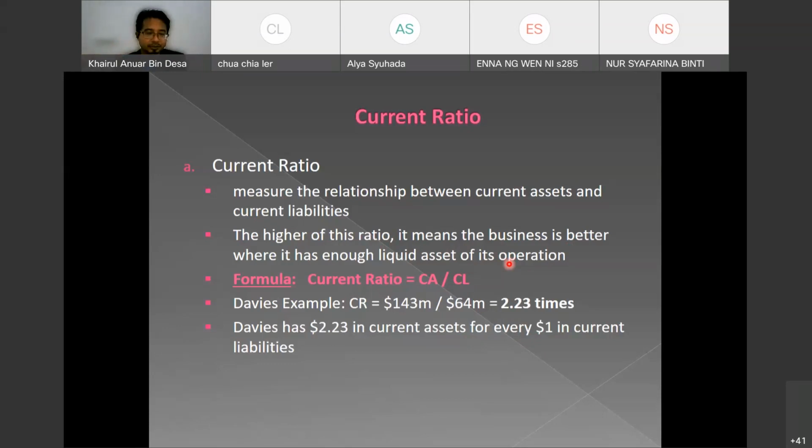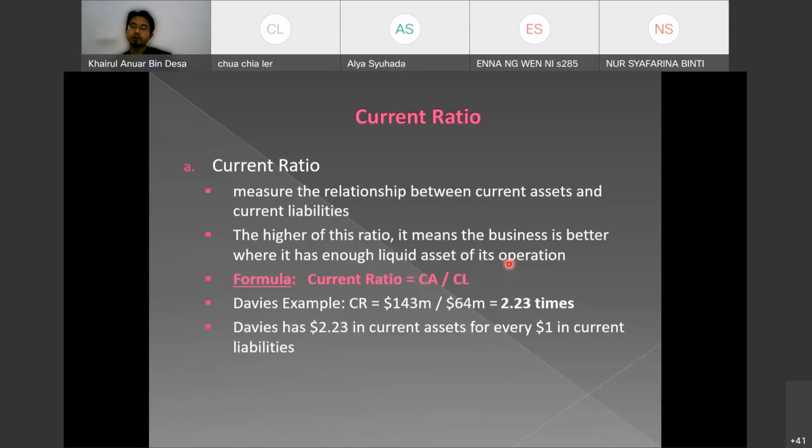Lebih tinggi current ratio adalah lebih bagus kerana keupayaan, our ability, our business ability to pay every single dollar of current liability. Setiap hutang jangka pendek bermaksud current liability, boleh ditampung oleh keupayaan kita 2.23 kali ganda berbanding hutang.